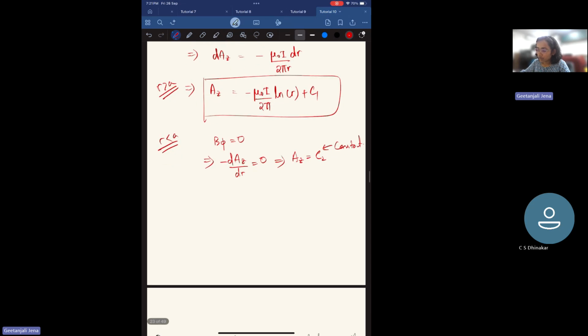So let us put C2 as 0. So if C2 is 0, that means Az inside is 0. And at the boundary, that is at r equal to a, the inside should be equal to the outside.